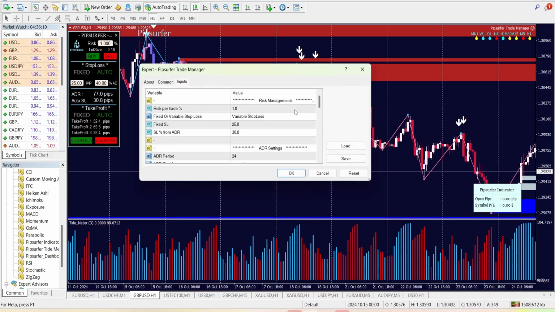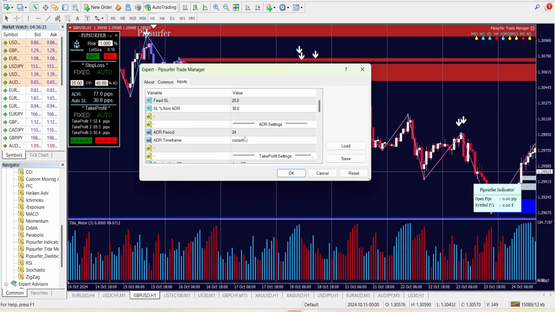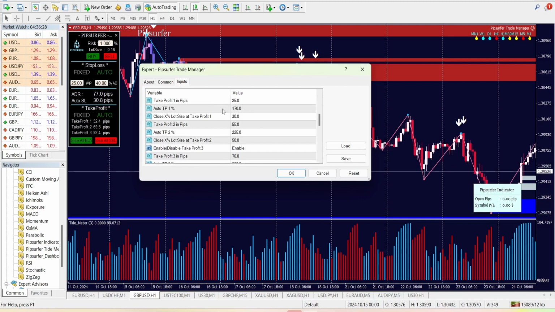Going back into the settings, the stop losses are fixed or automatic, but going into the take profits, you can choose how you want to do your take profits. So I have a risk management setup preset to give you a good edge in the market. If you go for 170% or 70% profit for every move minimum, you tend to have great risk management.